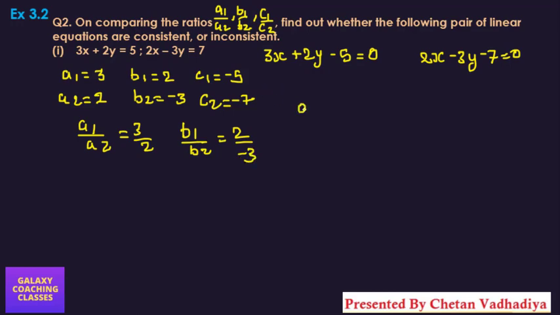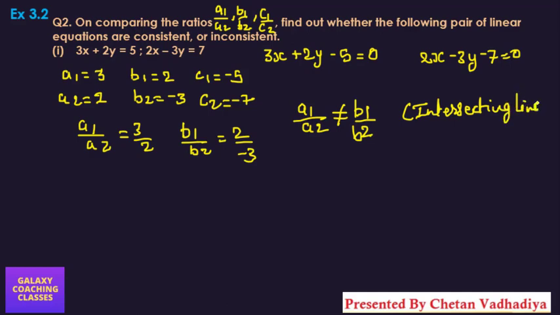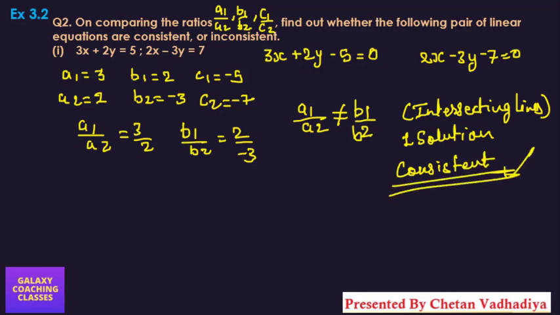So here a1 upon a2 is not equal to b1 upon b2, because you can see the ratios are not the same, and if they are not the same, what can you say? Intersecting lines. Intersecting lines means you will get one solution, and you are getting a solution means you will get consistent lines. Okay, so this way you need to solve all.